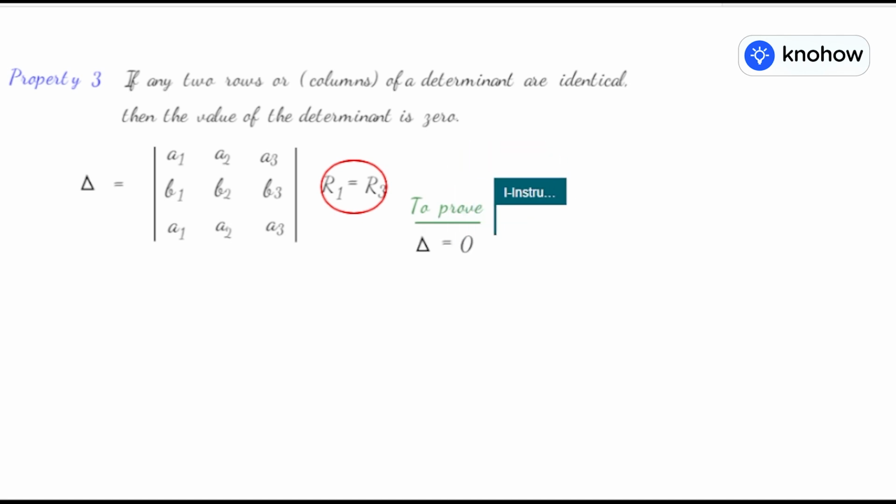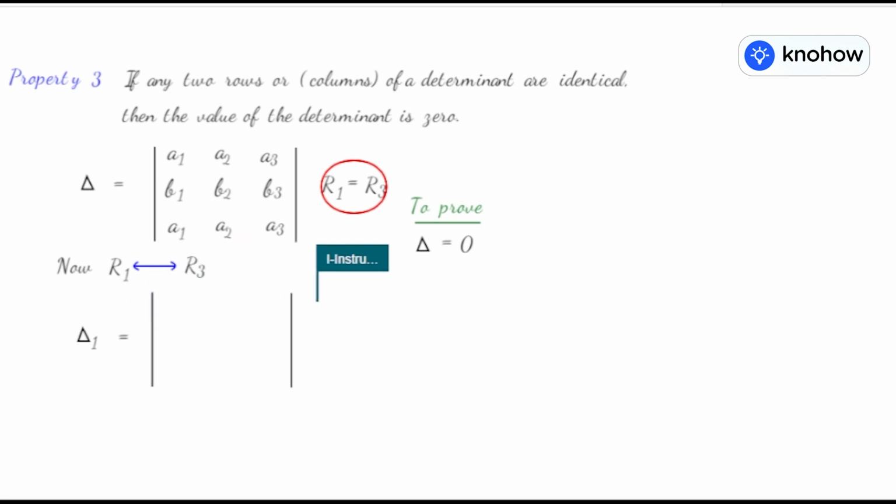We may expand and get 0, or we can make use of the second property. See how. What if you interchange R1 and R3? Interchange R1 and R3 and let the new determinant be denoted by delta 1. So the elements A1, A2, A3 of the first row, take them to the third row, and the elements A1, A2, A3 of the third row, take them to the first row, keeping the second row B1, B2, B3 as such.